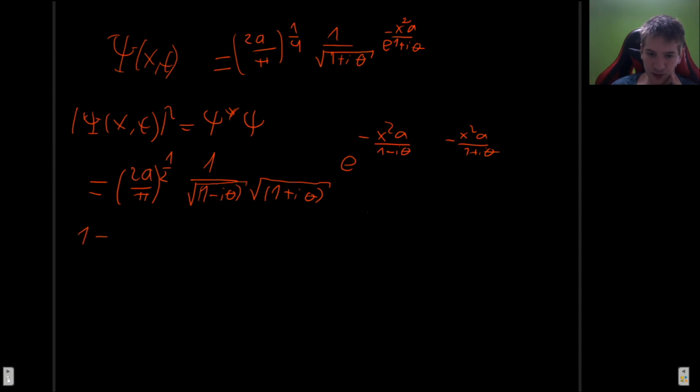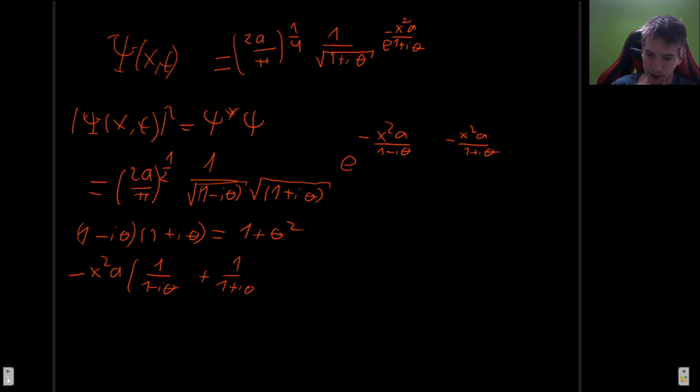First we have 1 minus i theta times 1 plus i theta. This is just going to be 1 plus theta squared, right? And in the second part, in this exponent, we can factor out minus a x squared. We get 1 divided by 1 minus i theta plus 1 divided by 1 plus i theta.